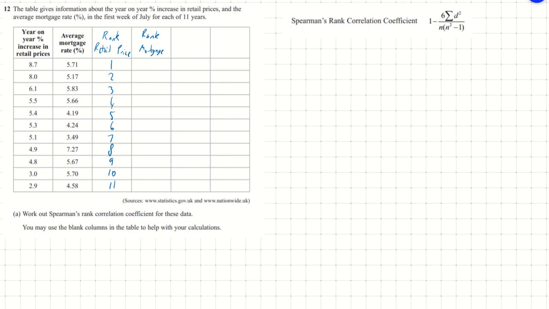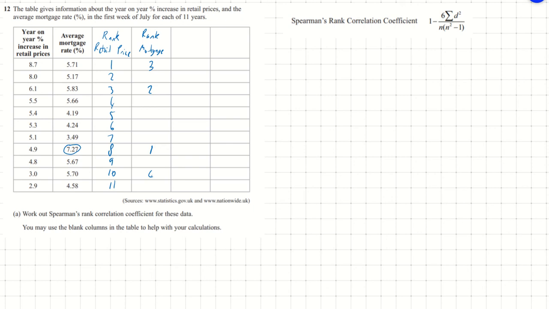The highest mortgage number is this 7.27. So that's going to be given rank 1. Then the next one I think is this 5.71. Sorry, no, it's not. There's a 5.83 that is higher. So that's our next number, 5.83. Then 5.71.